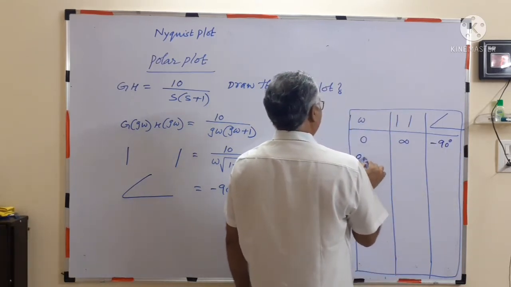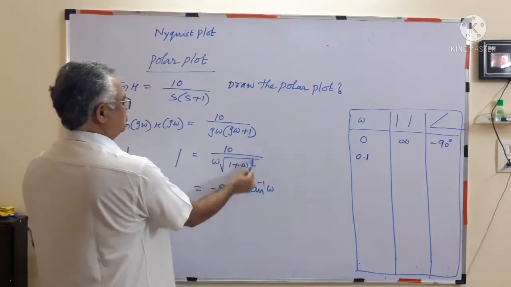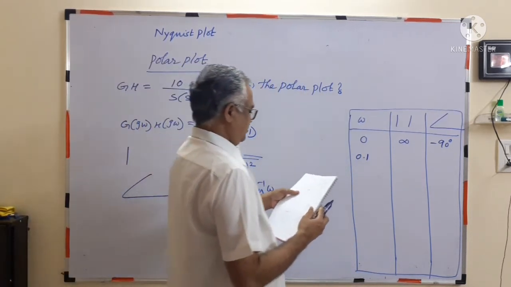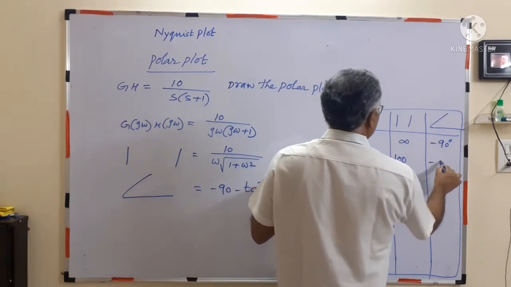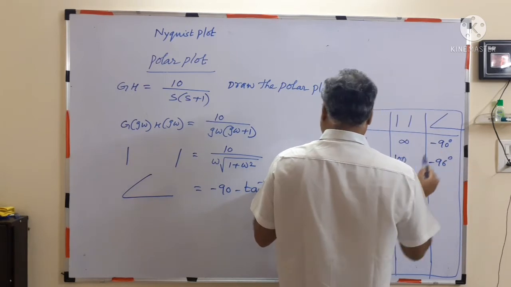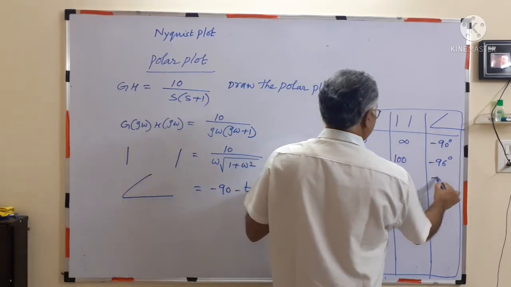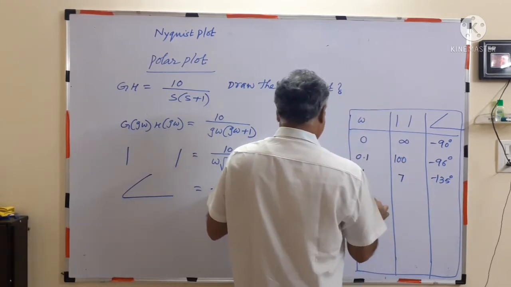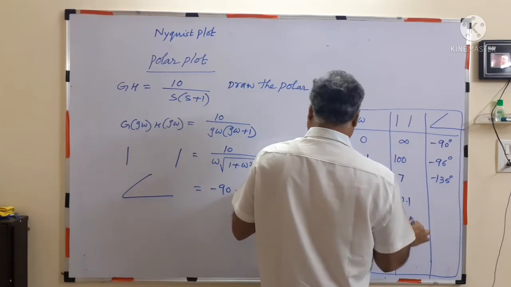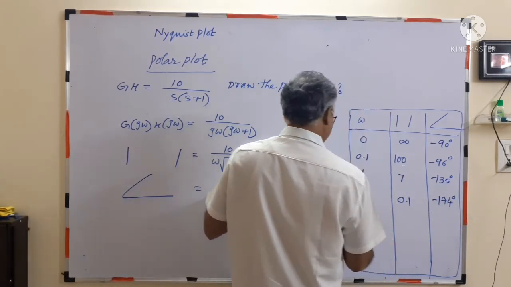Now omega equal to 0.1. So substitute 0.1 and simplify. The magnitude is 100, with an angle of minus 96. With omega 1, magnitude 7, minus 135. If it is 10, magnitude 0.1, minus 174.